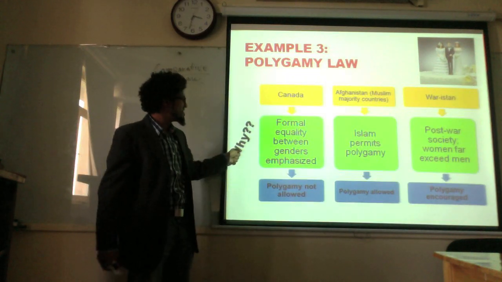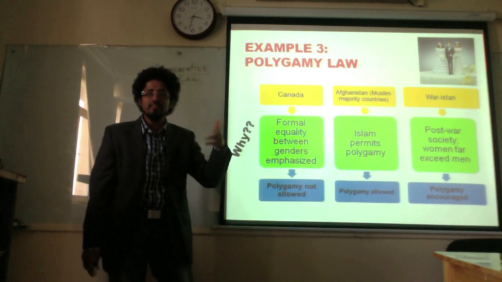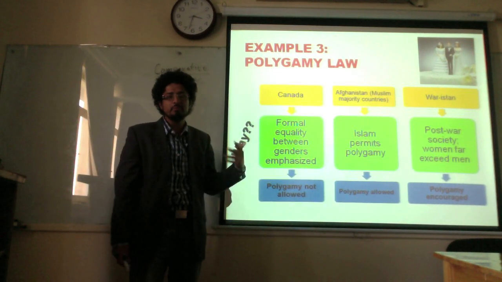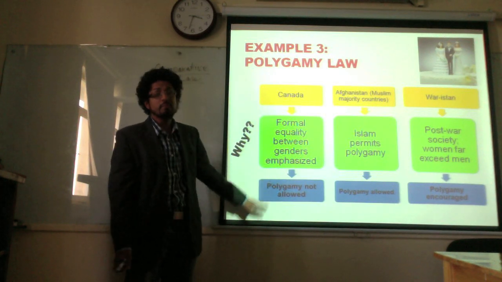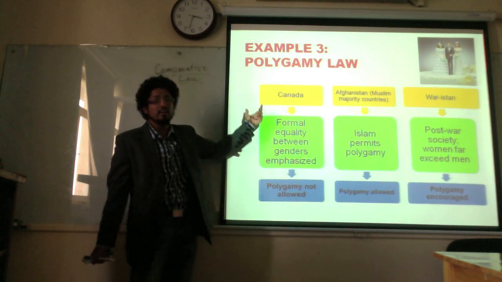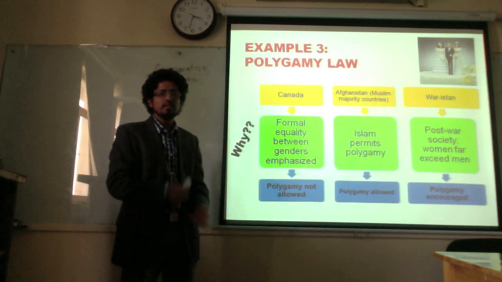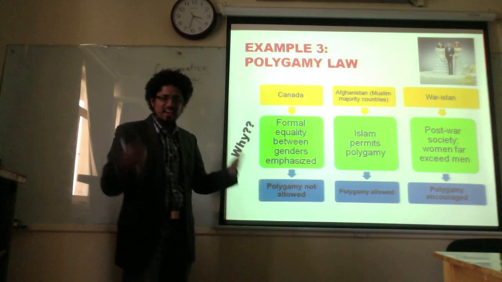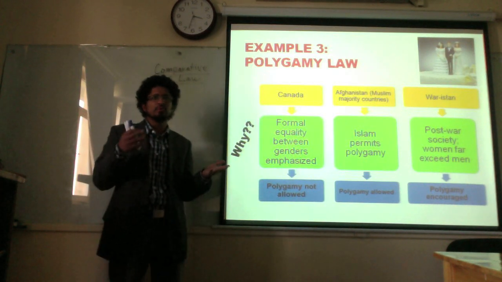The big issue is the why, like the discussions and the narrative that's behind these societies and the information that provides us the meaning as to why the particular law was passed the way it is. So in Canada, when we look at why the law says polygamy is not allowed, we have to understand that there's an emphasis on formal equality, in the way the constitution and the country operate.